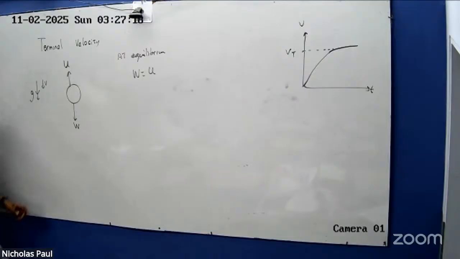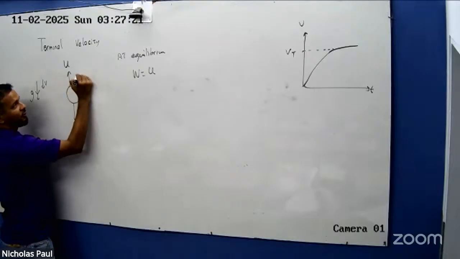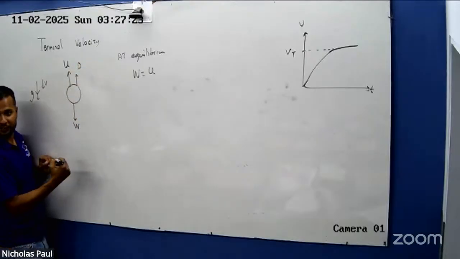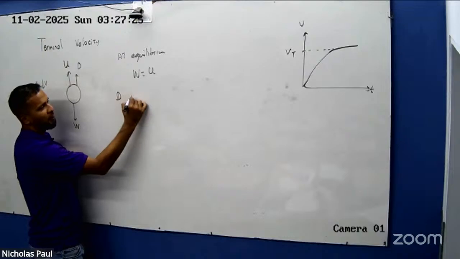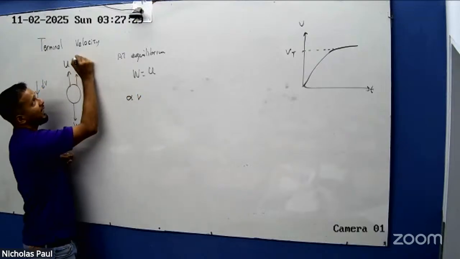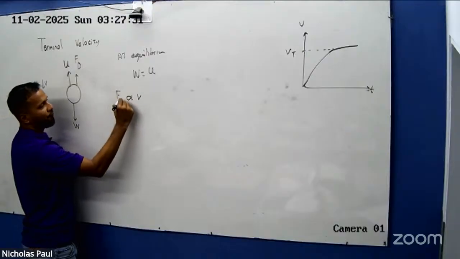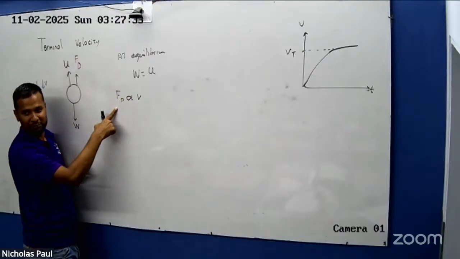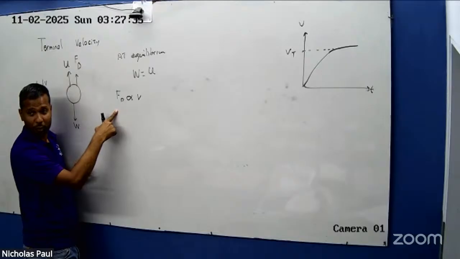Air resistance, drag force. So there's a next force called drag force. And drag force is proportional to the velocity it's moving with. They call it FD, right? So the faster it goes, the larger this will get. Are you okay with that?